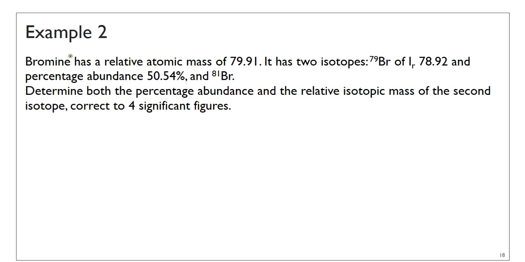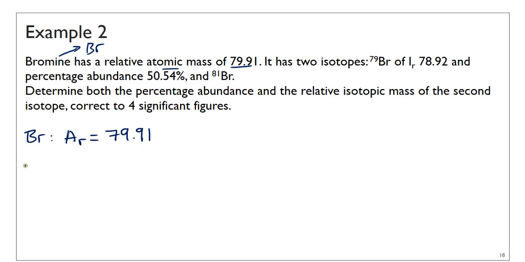So bromine. Now bromine's Br. Let's start by reading the question and translating the information to a summary. So Br has a relative atomic mass of 79.91. So they already give you the relative atomic mass, which is 79.91. It has 2 isotopes, bromine 79.